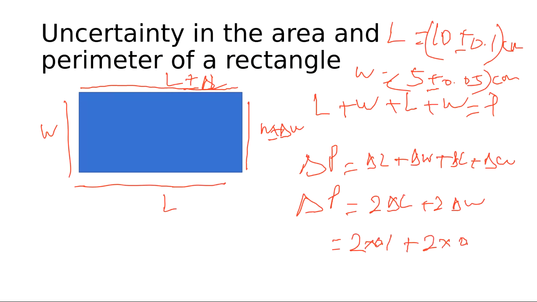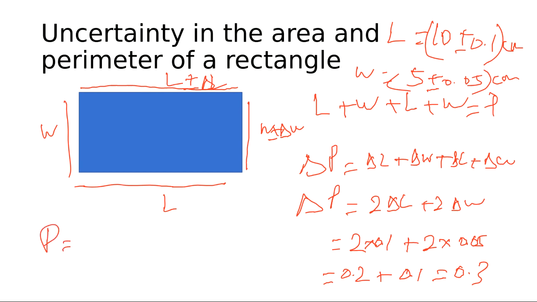If you do this, you get 0.2 plus 0.05 times 2, which is another 0.1, so you end up with 0.3. So that's the delta P.